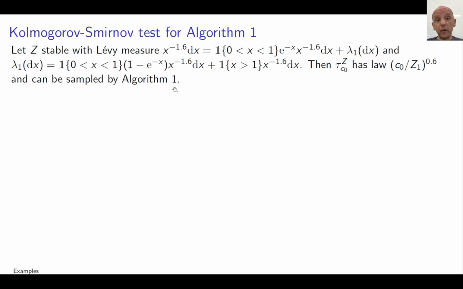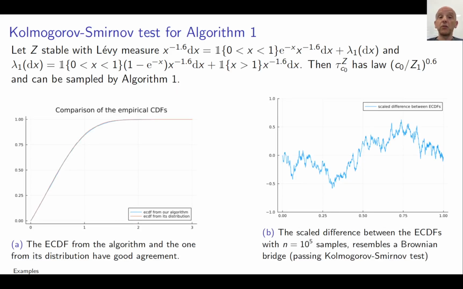On the other hand, one can sample it using our algorithm 1. So one can compare the two empirical CDFs. Here's the comparison. You see they lie one on top of the other. The blue one is the empirical CDF from our algorithm, and the other is the empirical CDF from the direct sample. Of course, one doesn't see much in a picture like this.